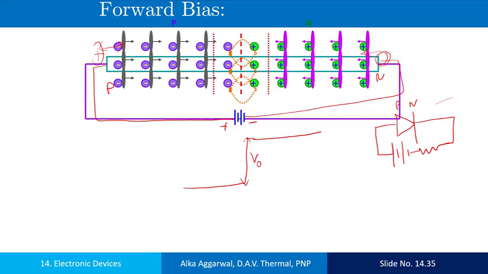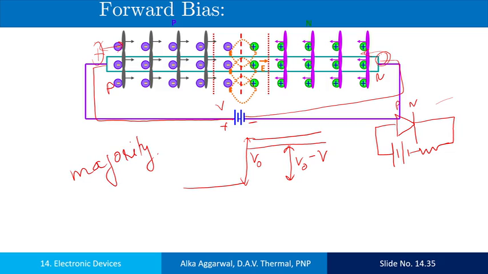Now the applied potential is V. As the width decreases, the height of the new potential barrier is now V0 minus V. As the height of the potential barrier decreases, the majority carriers are able to cross the junction. So we can say in forward biasing, the current is due to the majority charge carriers.